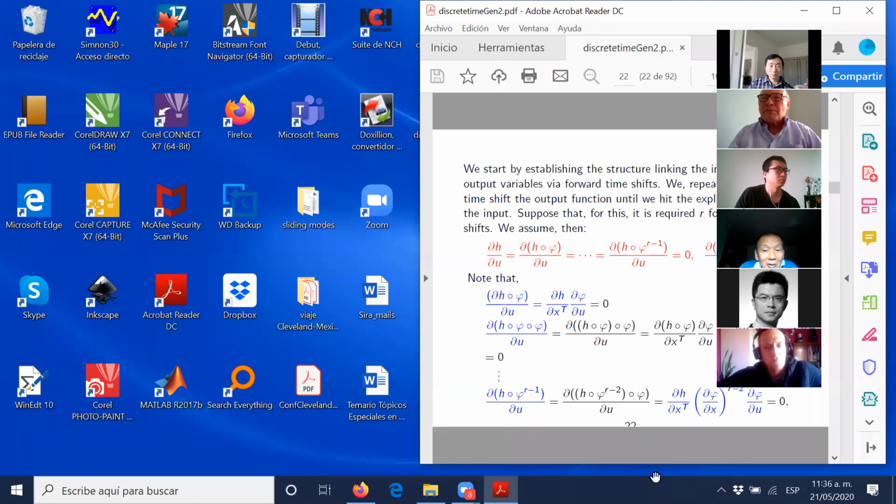But the idea is the discrete time system is more and more important with the current focus on Internet of Things and several physical systems.